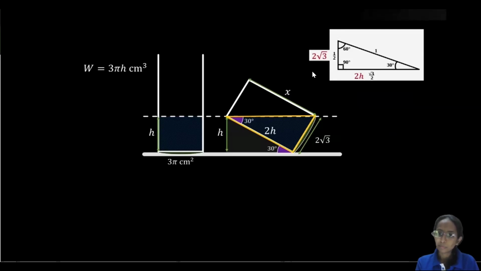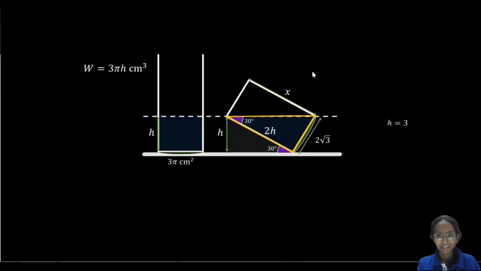Using trigonometry, we get 2 root 3 into root 3 is equal to 2h, or 2h is equal to 6. That means my height h is 3.